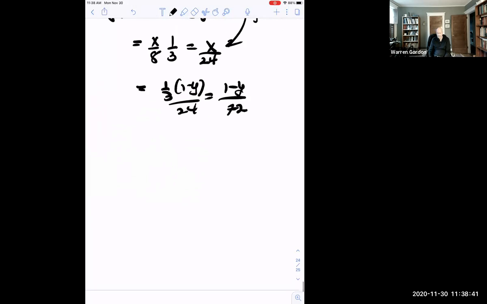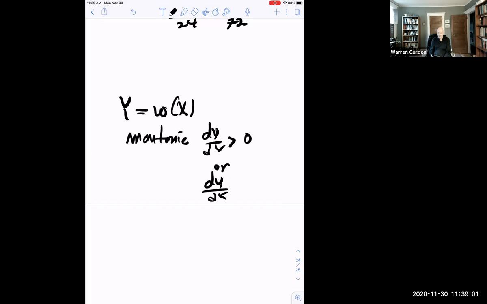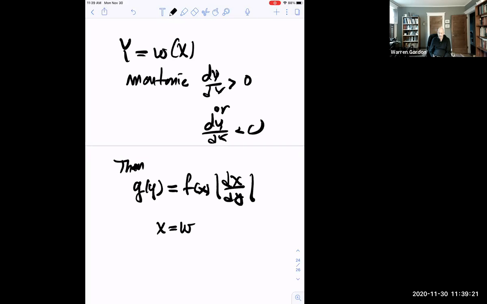So again, to emphasize, if y is some function of x, and this is a monotonic function, which means its derivative is always positive, or the derivative is always negative, then the PDF of y will always turn out to be this, where x is the inverse function of y.